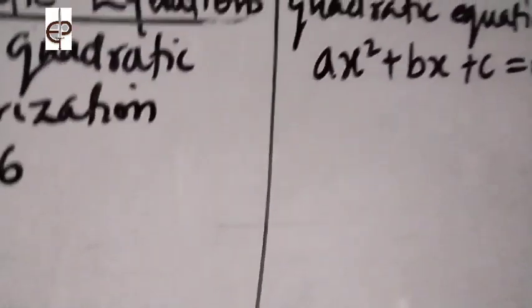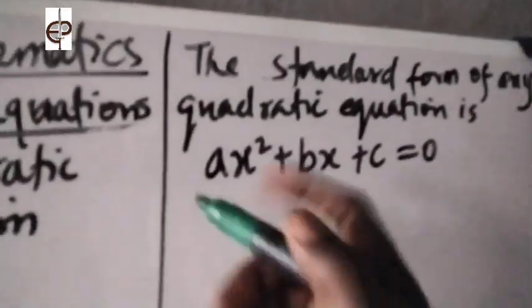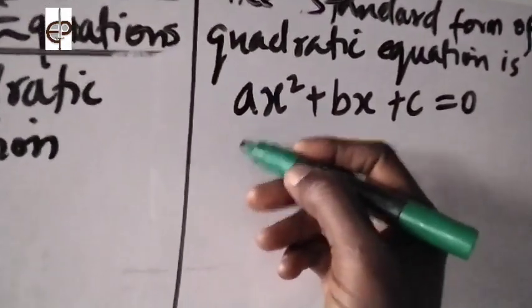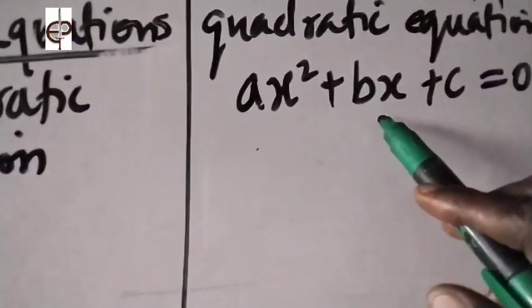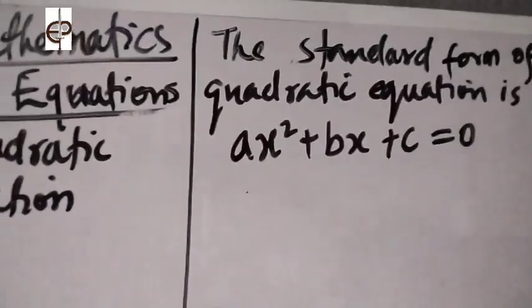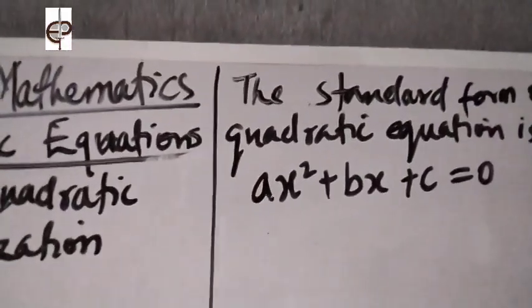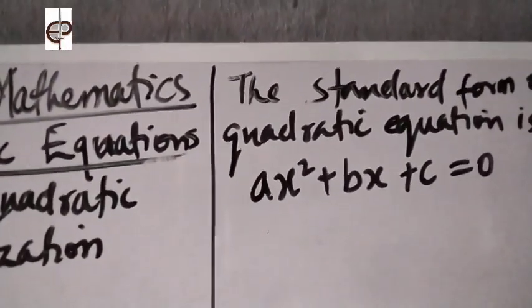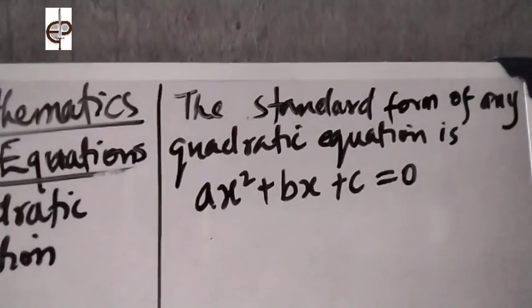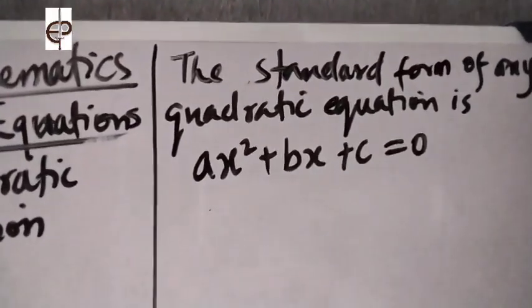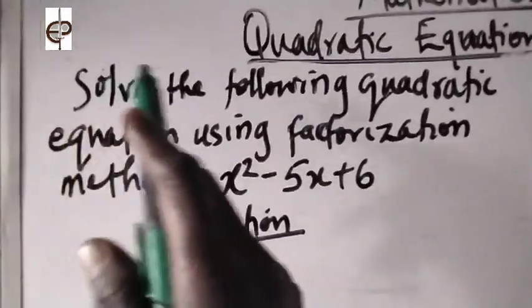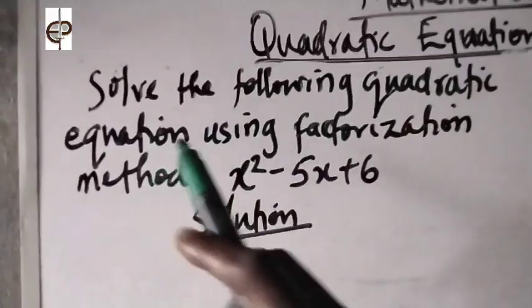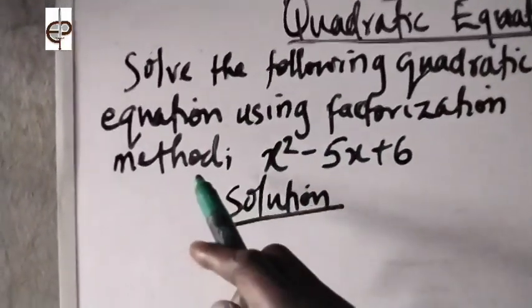Meaning a is the coefficient of x squared, and b is the coefficient of the middle term, while c is the constant term. And then we equate it to 0, and then it is said to be in the standard form of a quadratic equation. The question we have before us today is: solve the following quadratic equation using the factorization method.